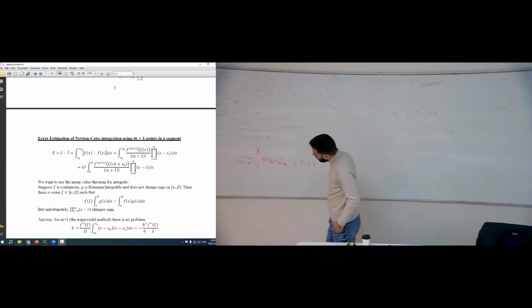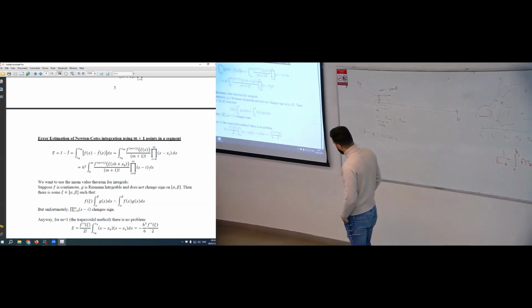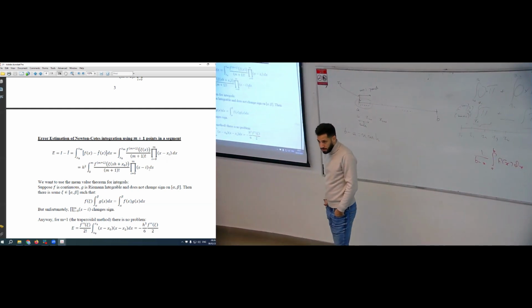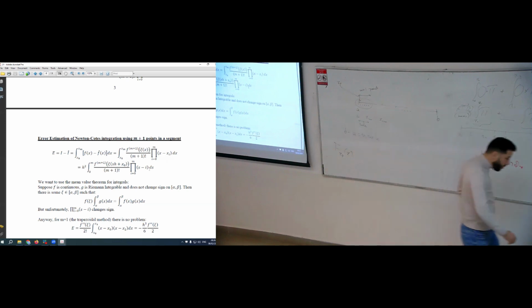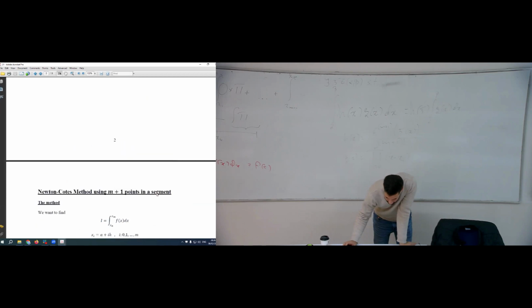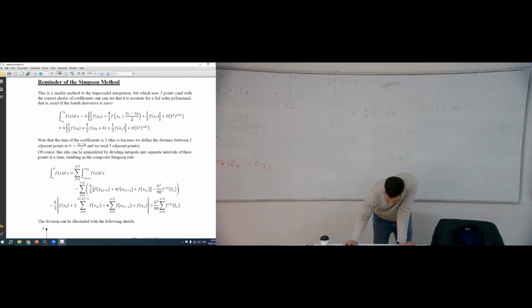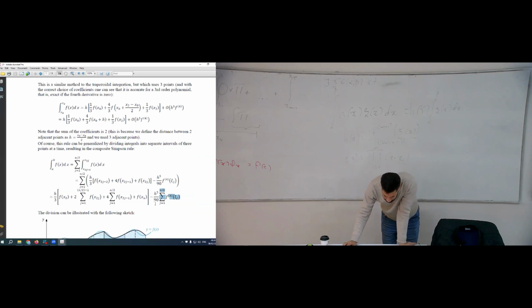I don't remember. But it is not good enough, and we can prove this statement for m equals 2.